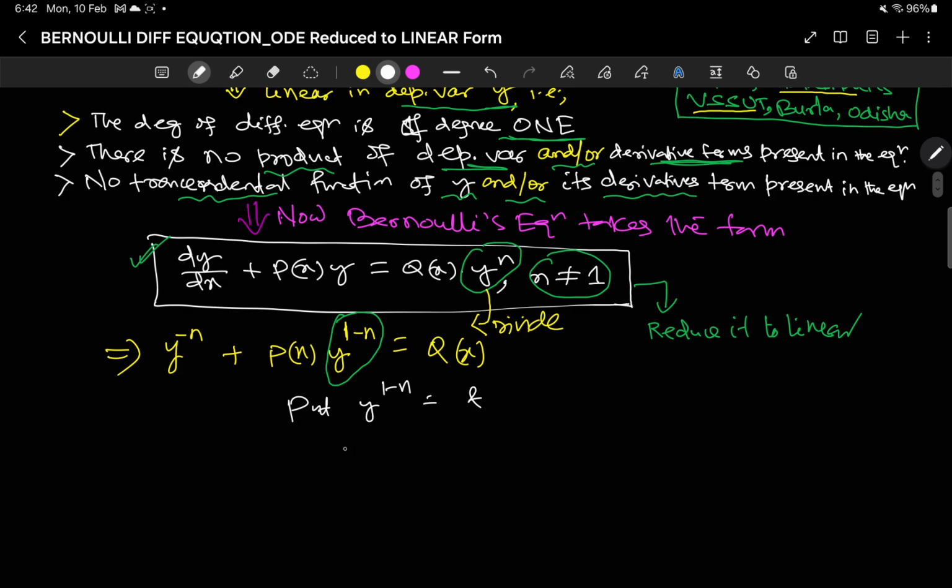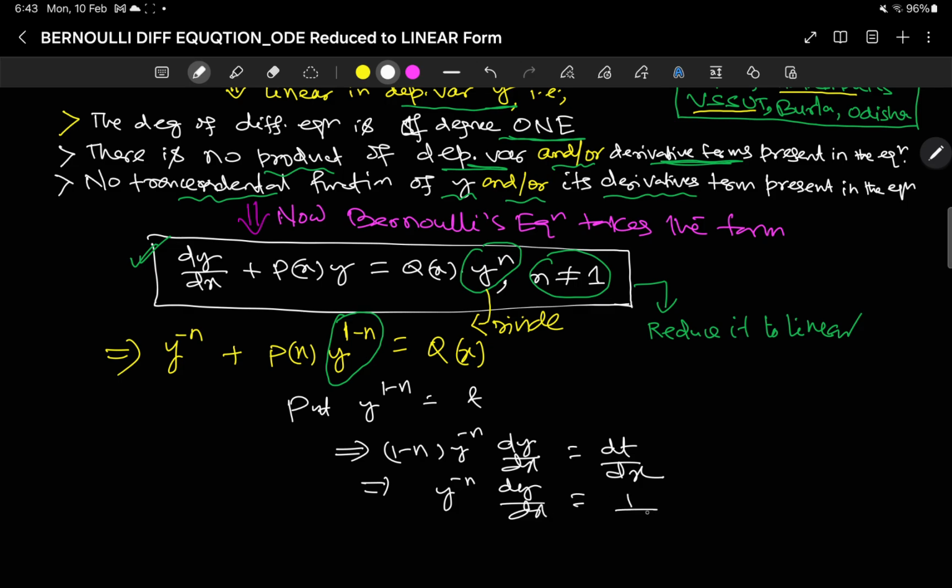So what does it mean? If you differentiate it, (1 minus n) y to the power minus n dy/dx is dt/dx. This implies y to the power minus n dy/dx is 1/(1 minus n) dt/dx.